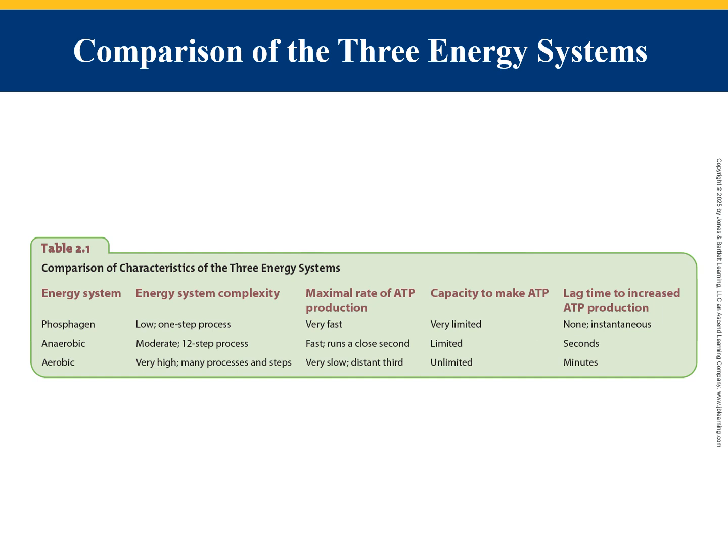The phosphagen system is really a simple, very easy, quick system, with very few steps. It has a very rapid production of ATP, but it cannot produce very much ATP, so it doesn't have a long lasting production factor. The anaerobic system has a moderate number of steps in comparison to the aerobic system.